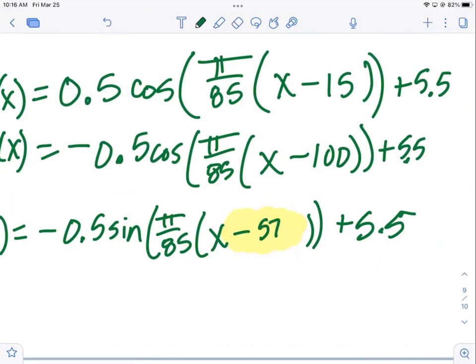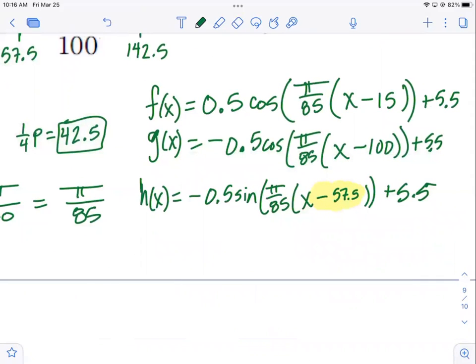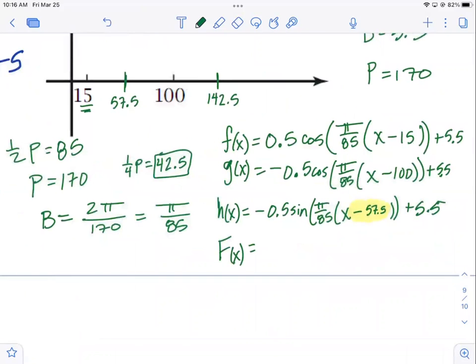So minus 57.5. And then lastly here, I'll use big F of x instead of little f of x. And now it's going to be positive 0.5. We'll do a positive sine, pi over 85, x plus or minus something, plus 5.5.